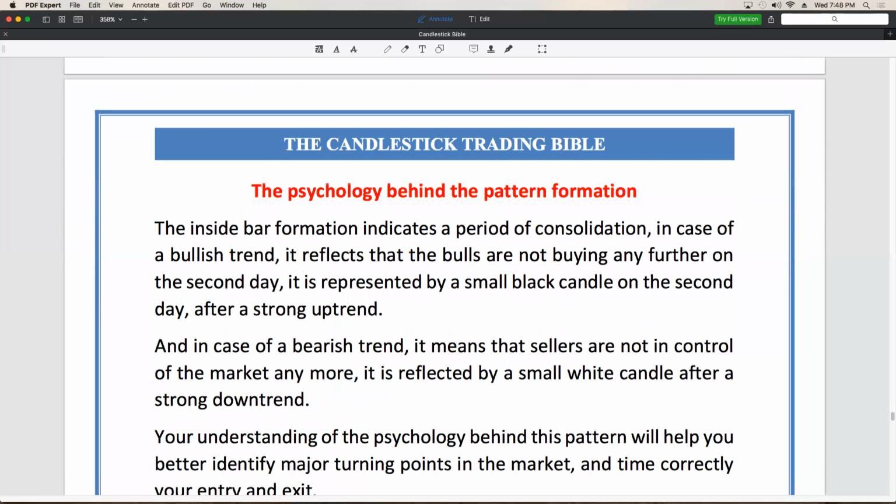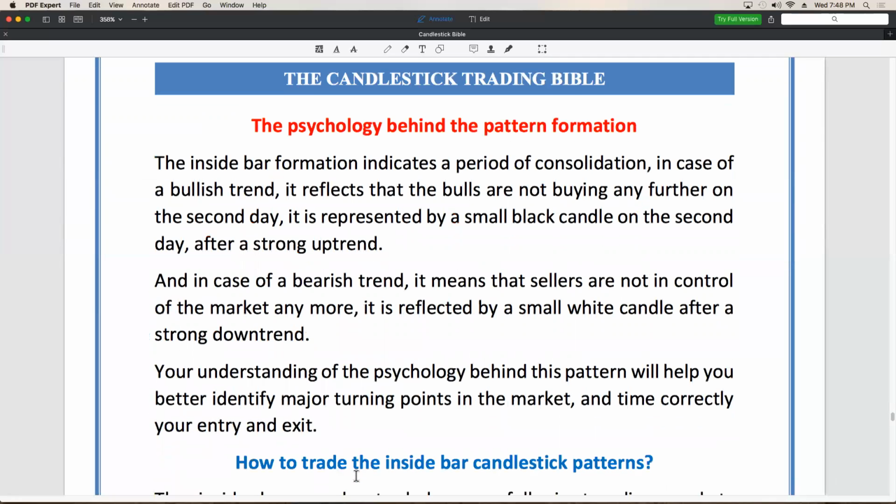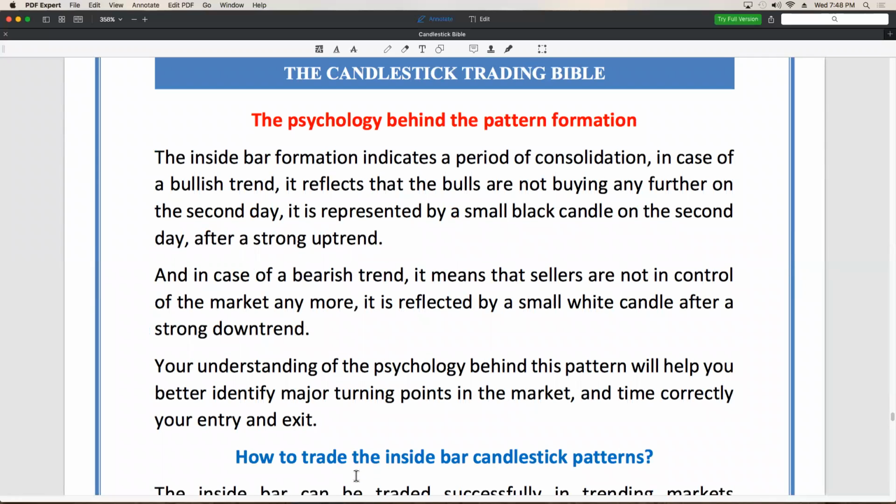So the Candlestick Trading Bible, on the psychology behind the pattern formations, says the inside bar formation indicates a period of consolidation. In case of a bullish trend, it reflects that the bulls are not buying any further on the second day. It is represented by a small black candle on the second day after a strong uptrend.